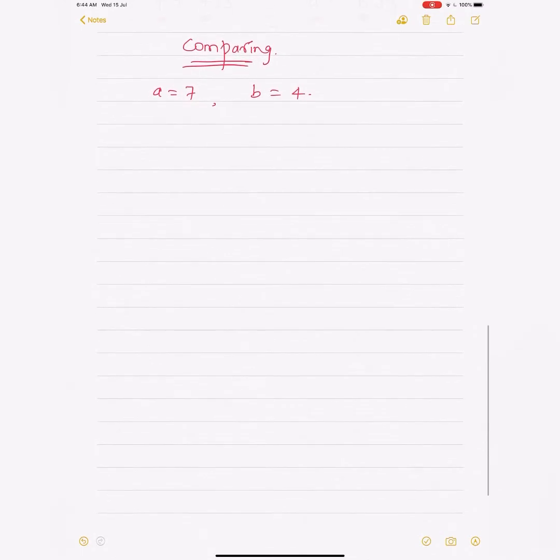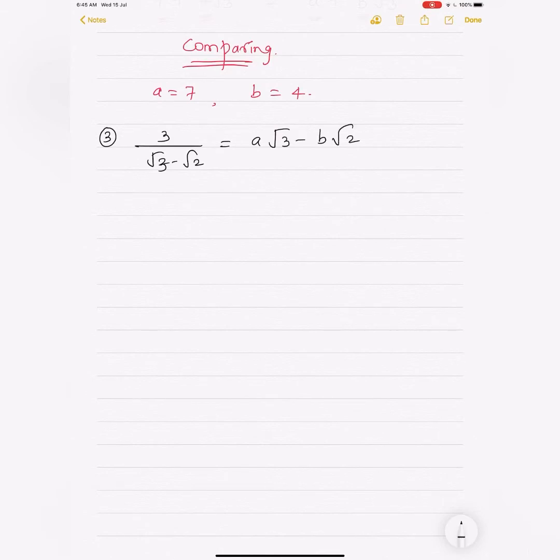Problem number 3. In problem number 3, let's say we are given 3 upon root 3 minus root 2 is equal to a root 3 minus b root 2.